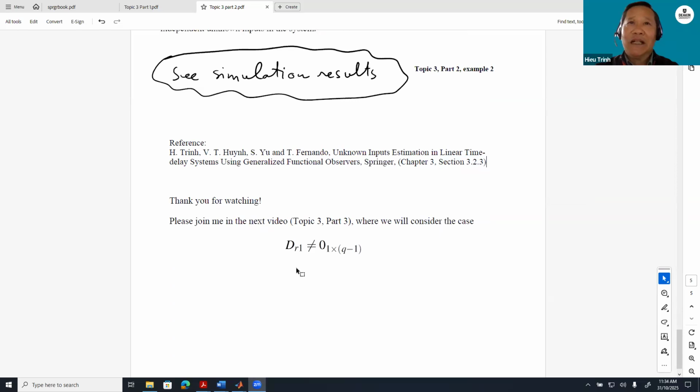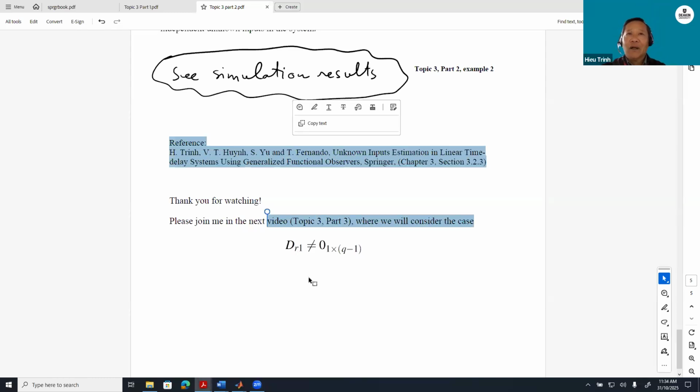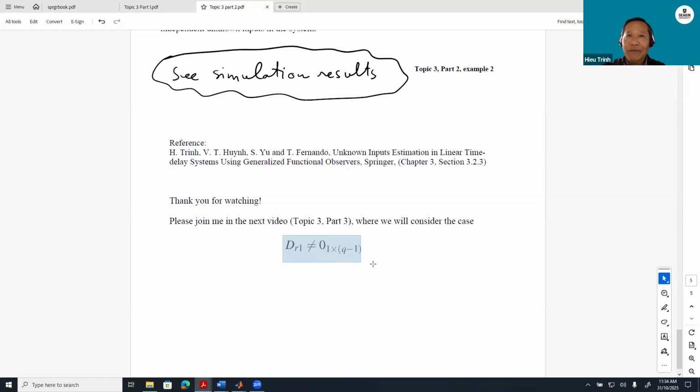The next video, we see topic 3, part 3, where we will ask the following question. Okay, what to do if this is not true? What is the alternative? And therefore, you will see that we're going to propose a sequential, systematic procedure for selecting the least number of output differentiators.